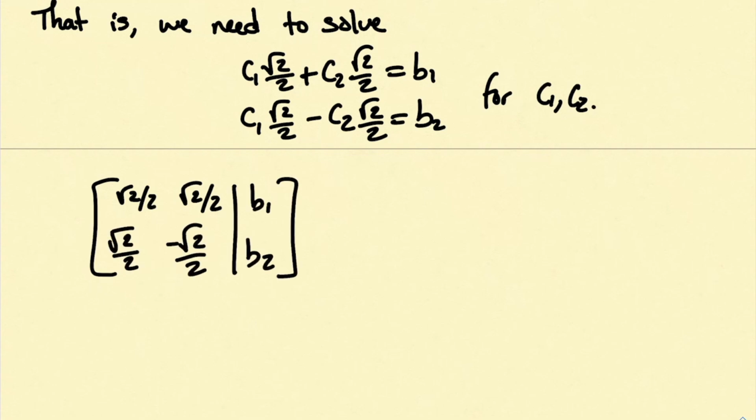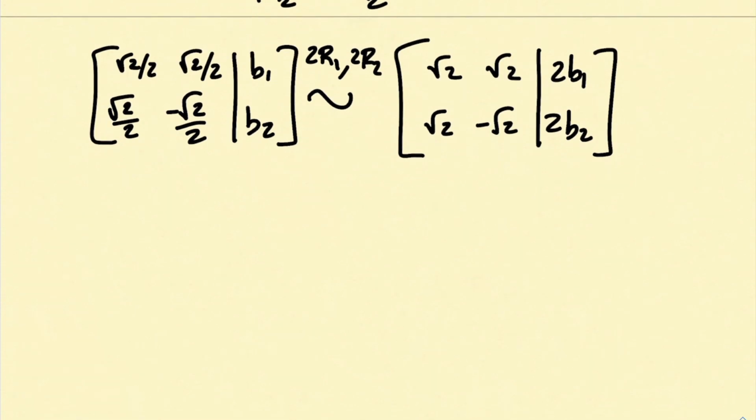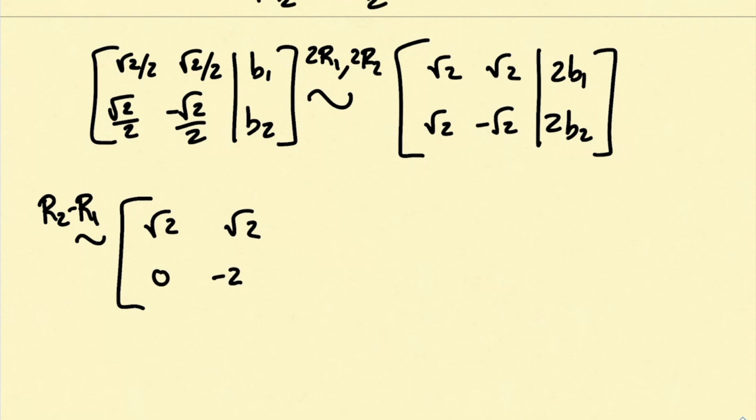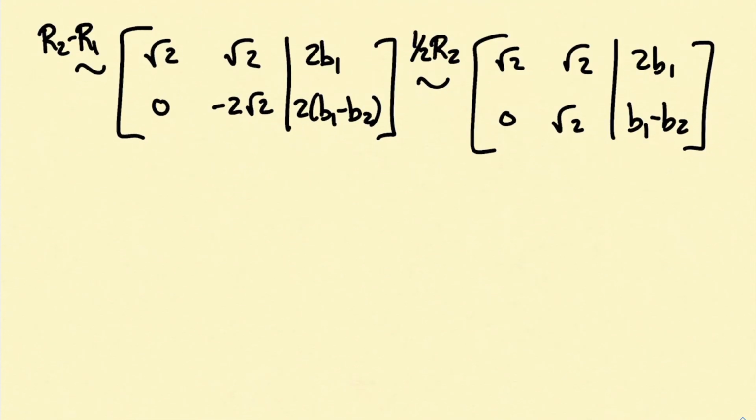For a small system like this, it's easy to find the general solution. Multiplying row 1 and row 2 by 2, we get. Next, we can subtract row 1 from row 2. Then we can scale row 2 by a half. Next, we can add row 1 and row 2.